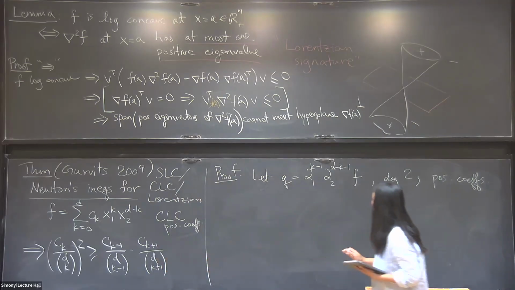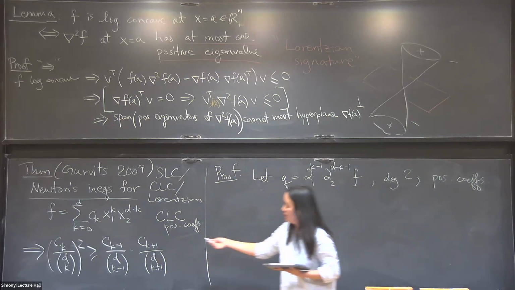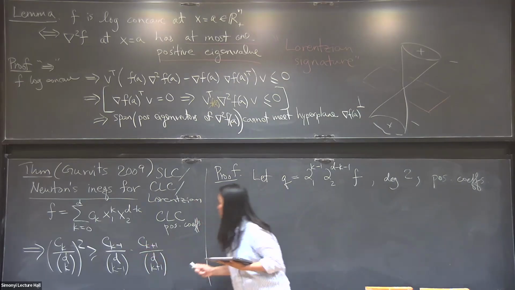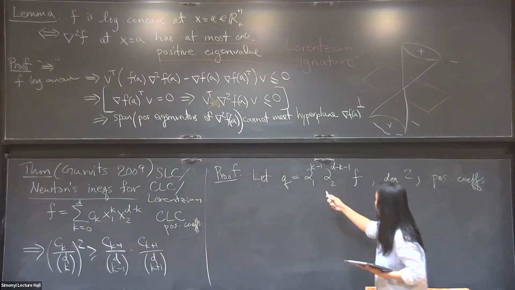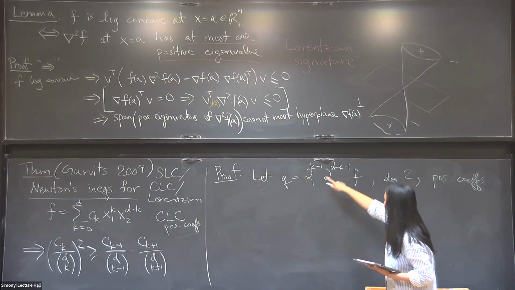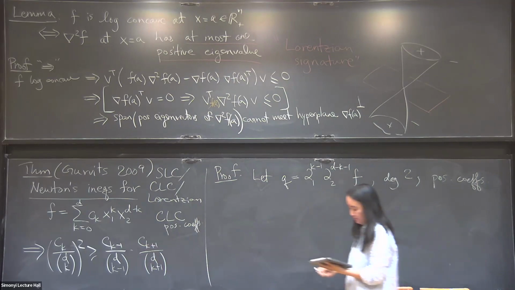Now let's see what the relevant terms are, right? We're interested in these 3 terms. So let's see what the coefficients of these 3 terms are after I take the derivative.